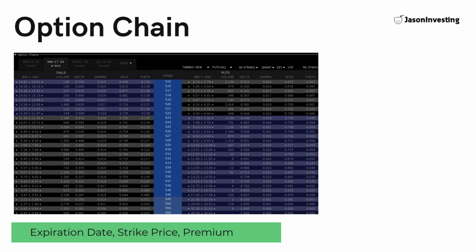As for the puts, it is actually kind of reverse. The option gets more expensive as the strike price goes higher, and it gets cheaper as the strike price goes lower. Let me see what is an intuitive way to understand this.